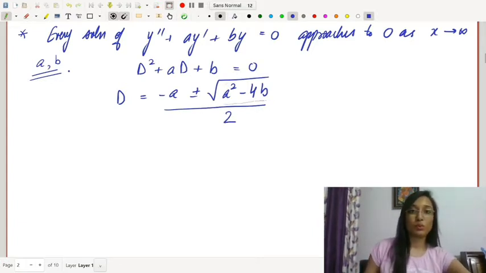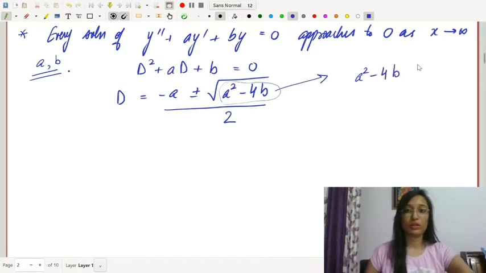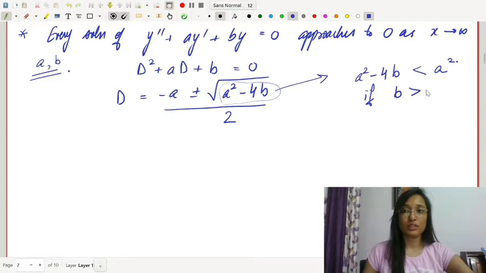Now this quantity a square minus 4b is less than a square if b is greater than 0.